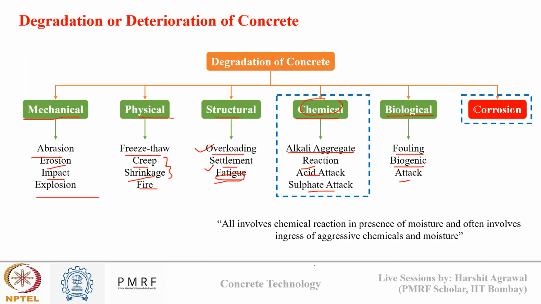Okay, so the less permeable my concrete is, the better will be my resistance to the degradation processes. You can see here, all chemical reactions involve the presence of moisture, and they often involve ingress of aggressive chemicals and moisture. Okay, so moisture is the key thing when we talk about durability of concrete.